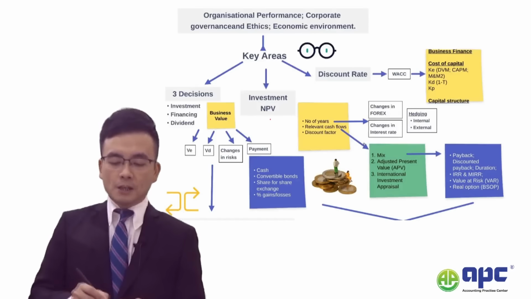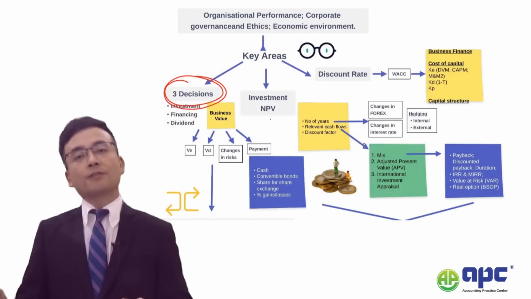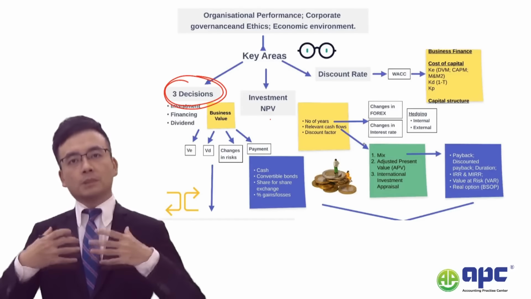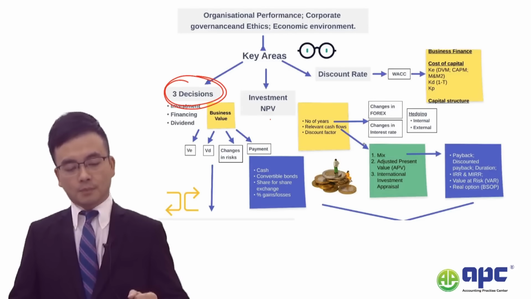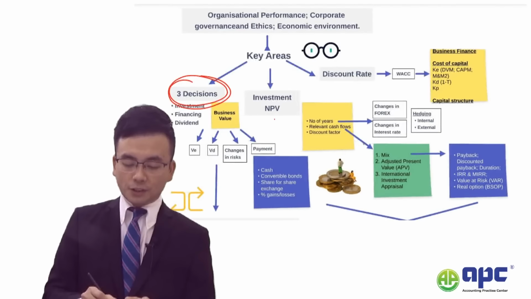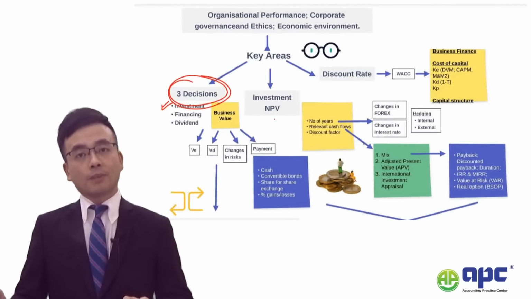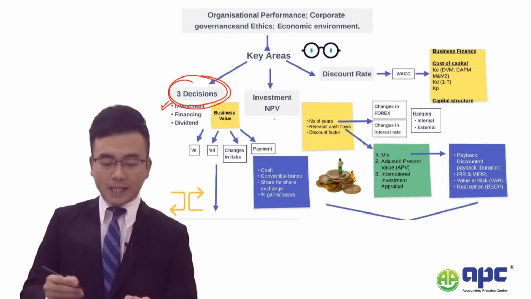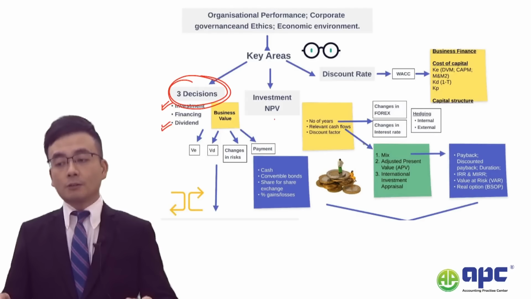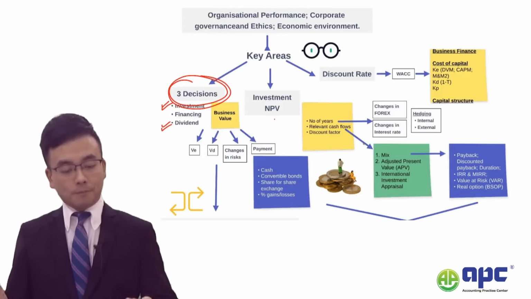So that's why, firstly, we'll need to look at 3 decisions that financial managers would make. Okay, so usually from the treasury function. For example, you would like to spend your money into doing something new, that's called investment. Alternatively, you spend your money paying your shareholders to compensate for the money that they invested into your business.